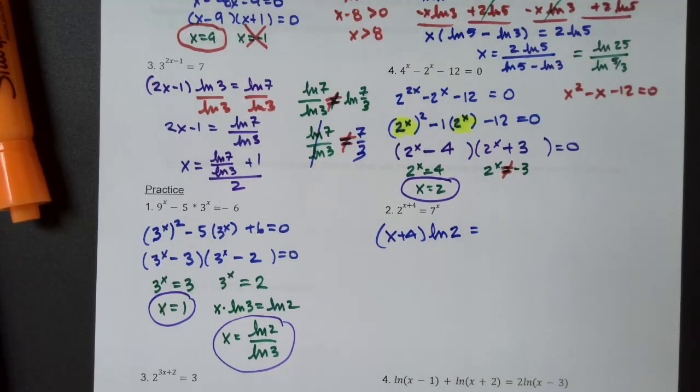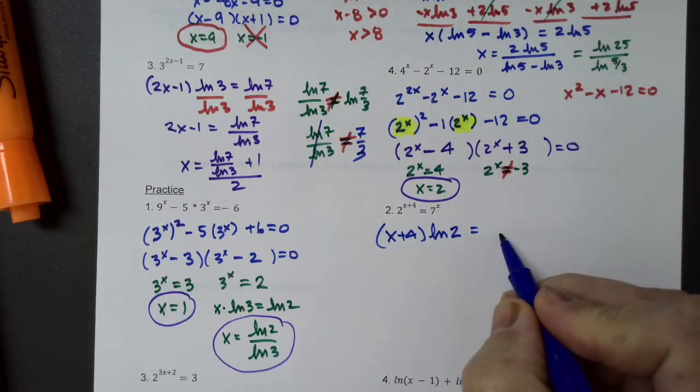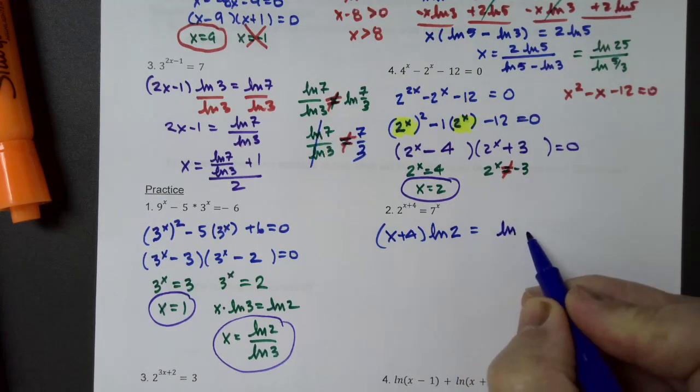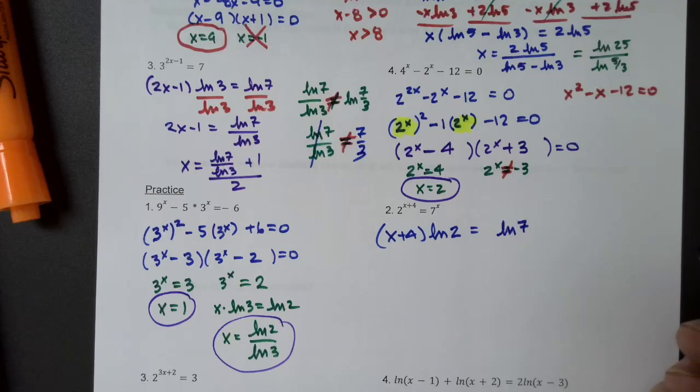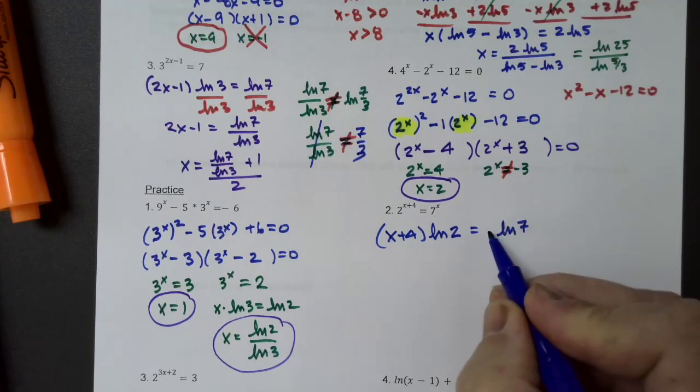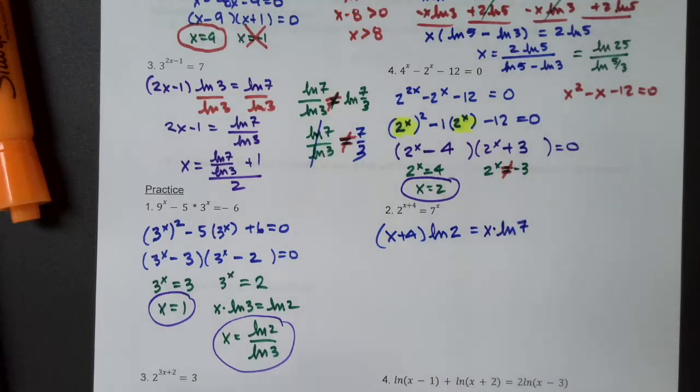And then, Jack, what will we have on the right-hand side? Natural log of 7x. And then, I'll just put, if you don't mind, x in front of it, so it's x times that. Very good.